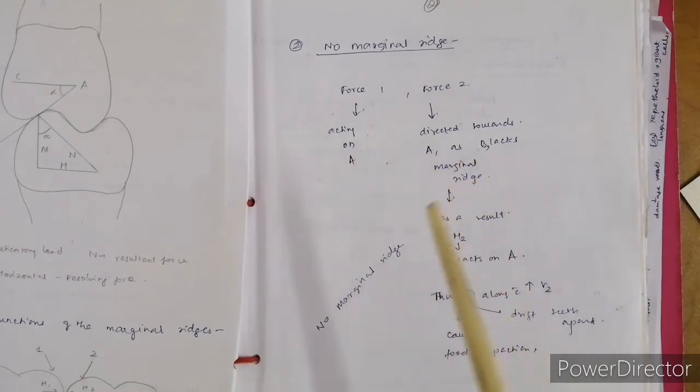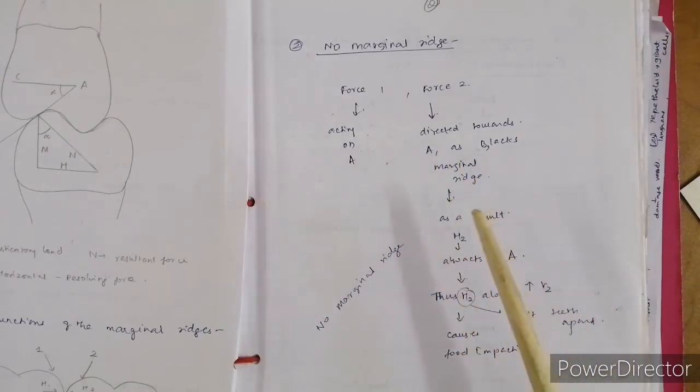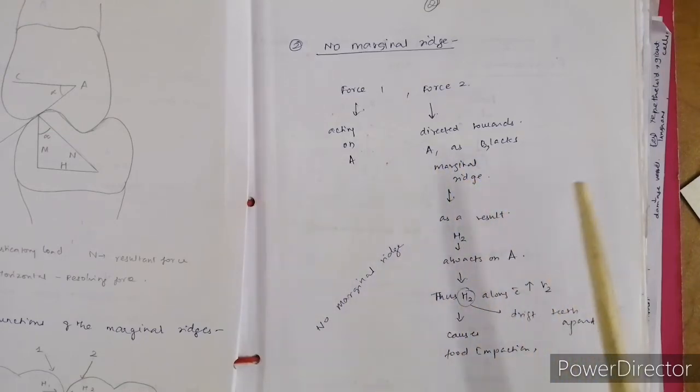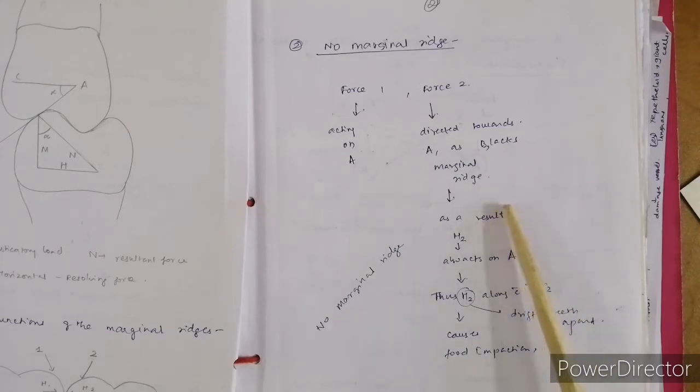What happens? The H1 and H2 forces will not counteract each other, and as a result the two teeth will drift apart from each other. So space will be created in which food impaction can occur. So this is the important significance of the presence of a marginal ridge.